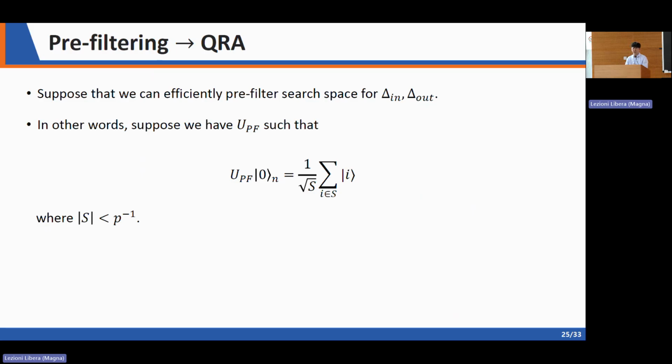Next, we apply pre-filtering. Suppose that we can efficiently pre-filter the search space for delta in and delta out. In other words, suppose we have pre-filtering quantum gates that generate a superposition that excludes some, not all, states that do not have solutions.